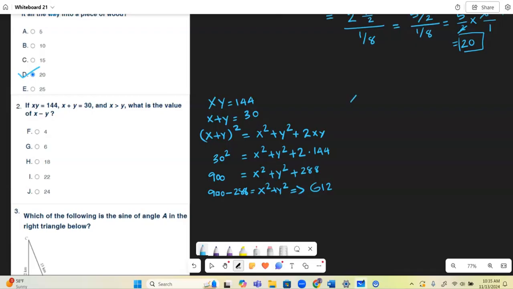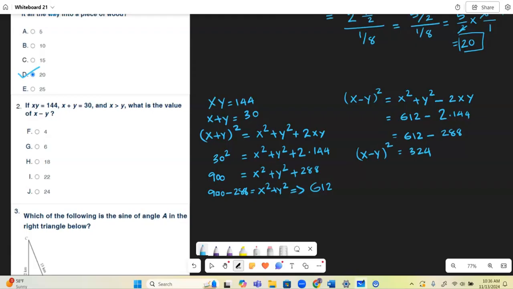So use that identity. X minus y the whole square is x square plus y square minus 2xy. We know x square plus y square is 612 minus 2 times xy, which is 144, that is 612 minus 288, that is 324. So x minus y the whole square is 324.